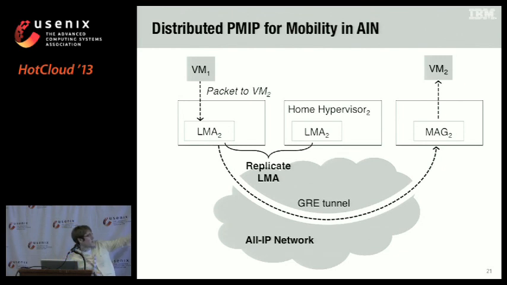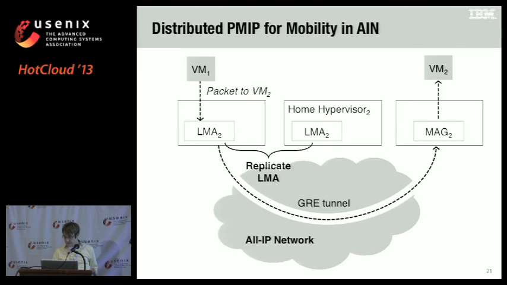So in this picture, we have the home hypervisor replicating this LMA, and so now when VM1 sends the packet to VM2, this local LMA copy will have a tunnel established to the MAG, which will eventually get to VM2.